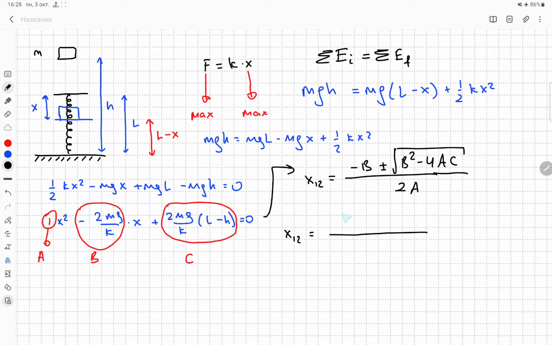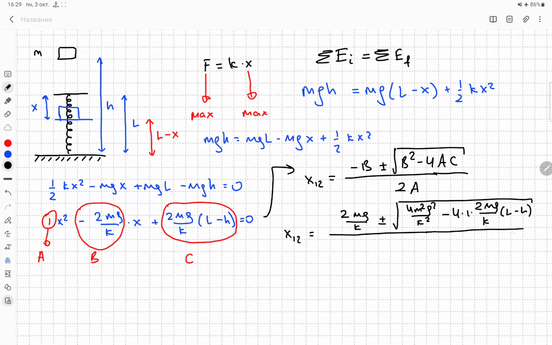So negative, it will be positive 2mg over k, plus and minus the square root of 4m squared g squared over k squared, minus 4 times A, which is 1, times C, which is 2mg over k times (L minus h), over 2A. A is 1. So let me cancel 2 here. We can take 4 outside the root, and its square root is 2, so we can cancel it.